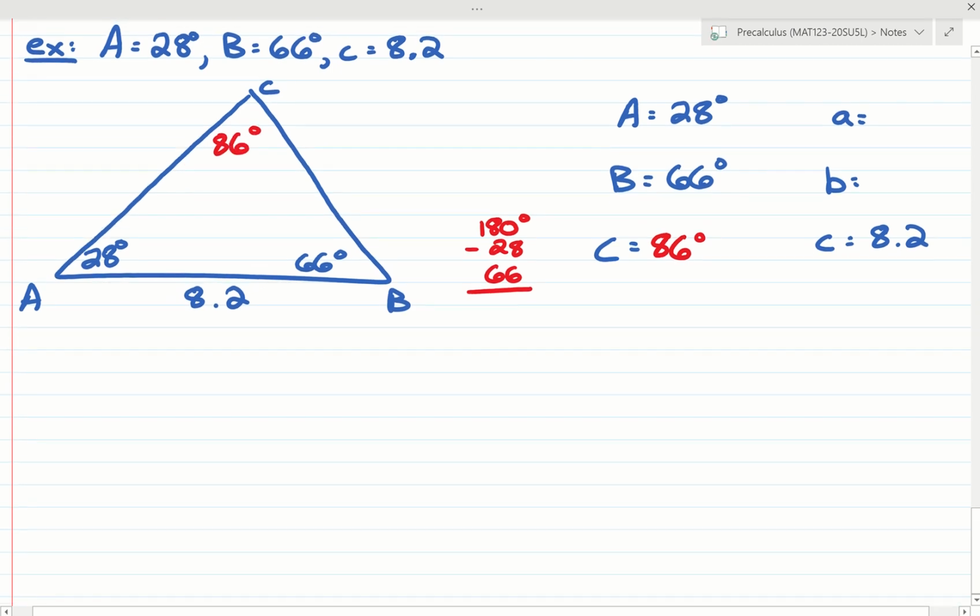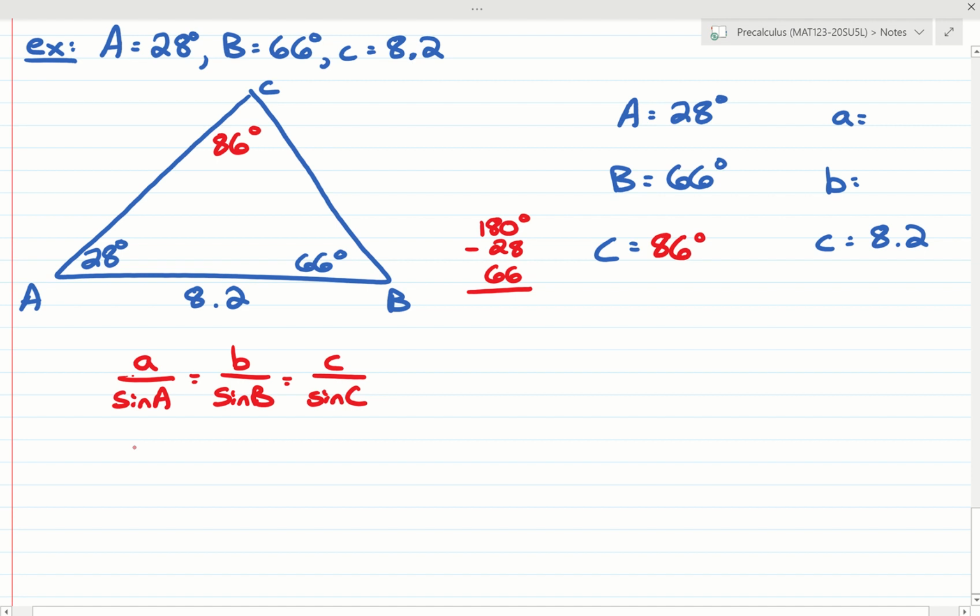So now we have to find sides a and b. We can't just do tangent or cosine or something like that because it's not a right triangle. So we have to use our law of sines. And I'm going to plug in what I know.